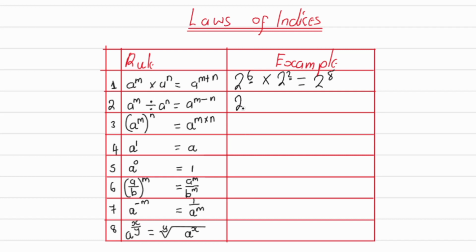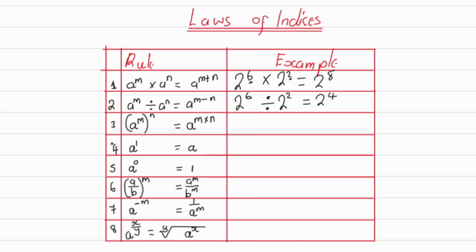We're going to say 2 to the power of 6 divided by 2 to the power of 2. Our answer is equal to 2 to the power of 6 minus 2, which is 2 to the power of 4. Right?